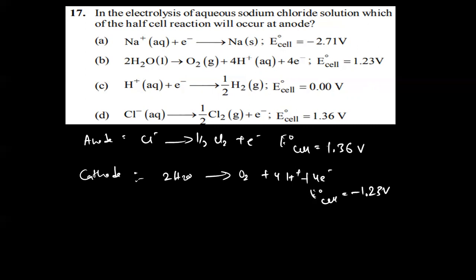The reaction at anode with the lower value of E0 is preferred, and therefore water should get oxidized in preference to Cl minus. However, on account of overpotential of oxygen, reaction D is preferred. That is option D.